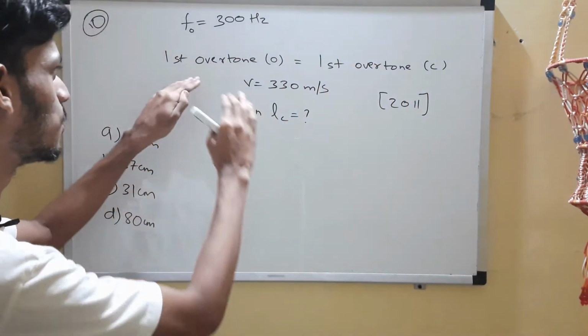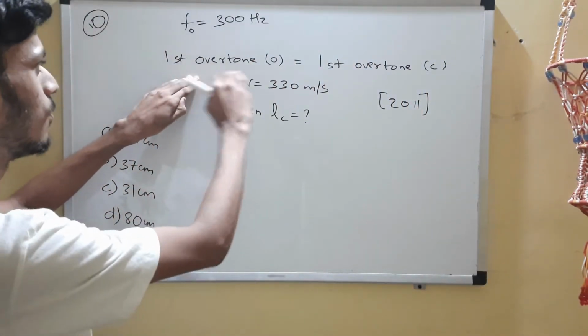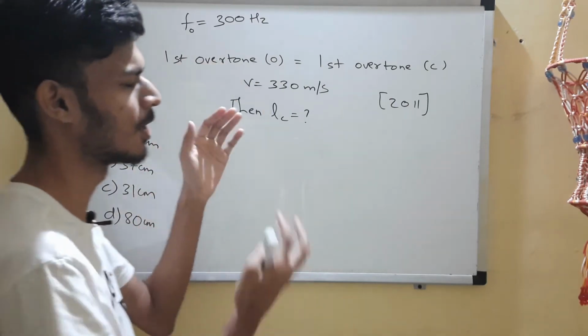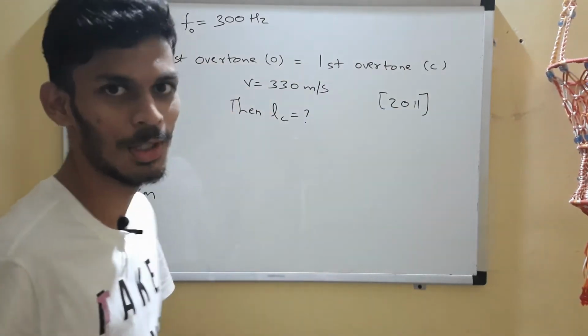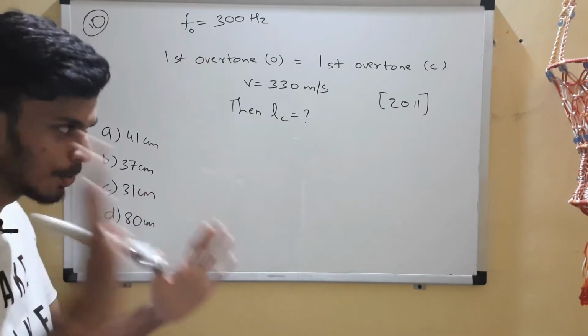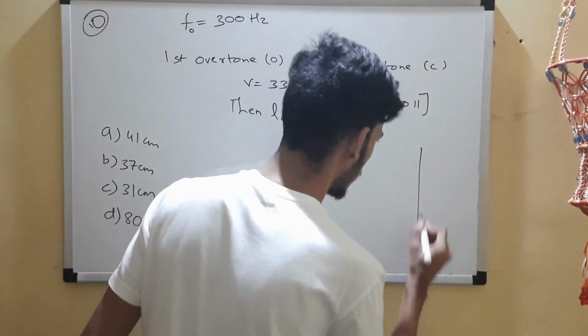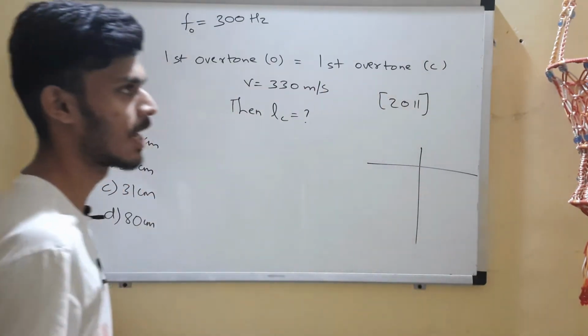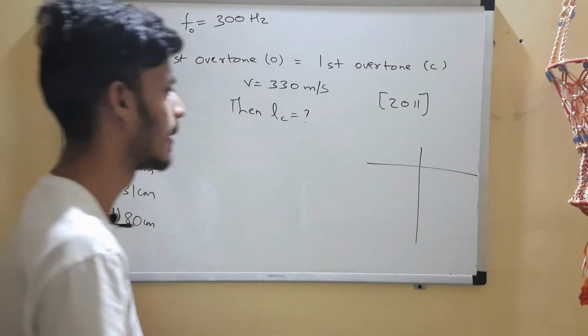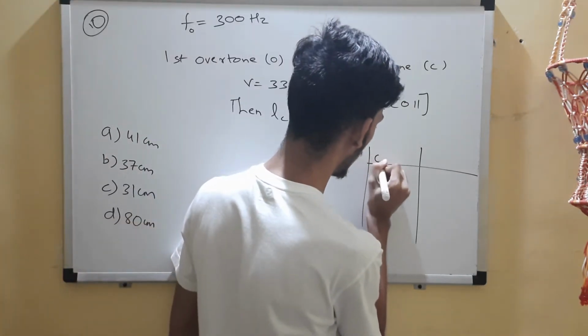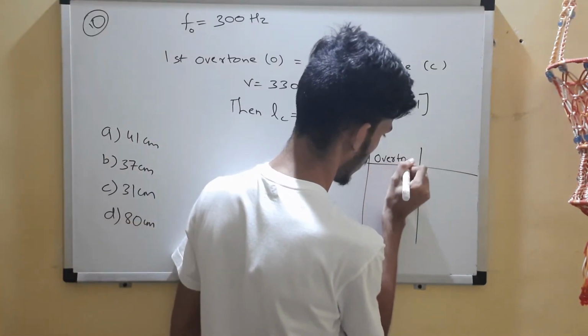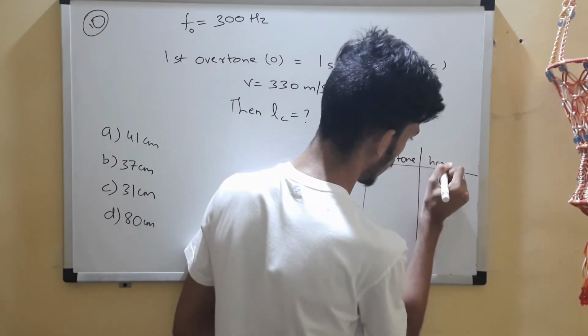I hope you are not among those who get confused with this overtone and harmonic thing. If you do, here's something for you. Those people who don't get confused can skip some seconds. Here we'll consider the overtone, and here we'll consider the harmonic.